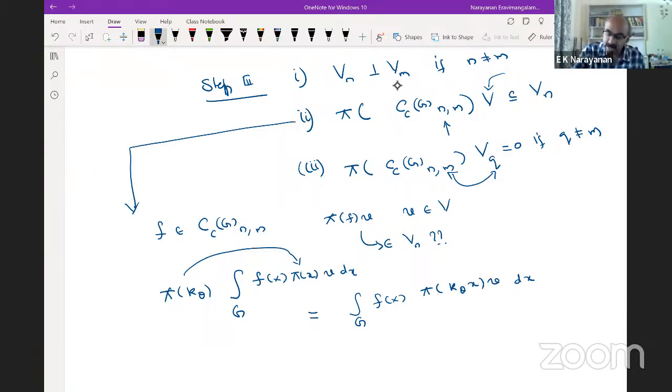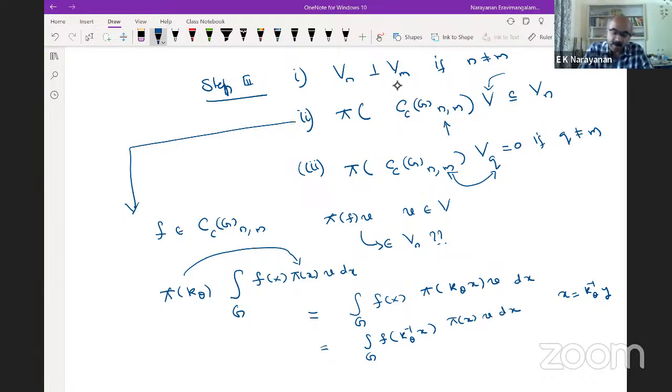Now I can change k theta x to x. So I am putting x equal to k theta inverse y, and the measure is invariant. So the k theta comes with f, but with an inverse, f of k theta inverse x pi of x v dx.